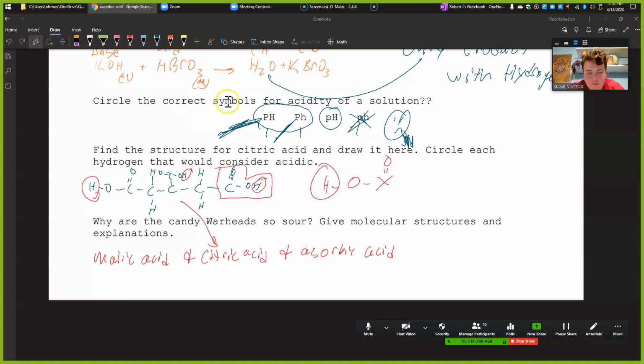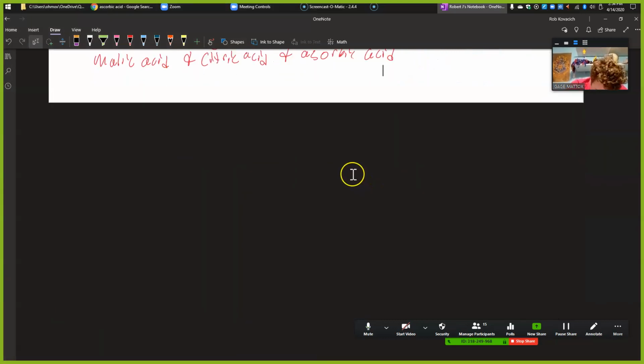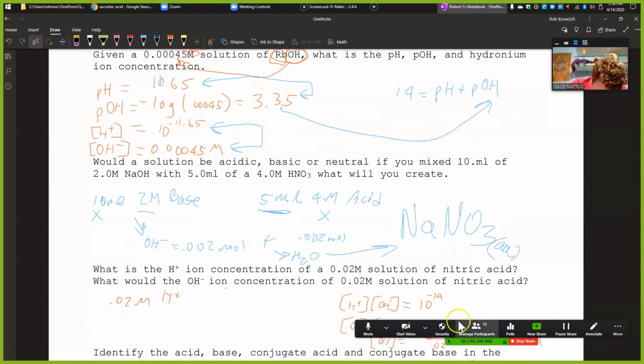Yeah, it's just 1. So that leaves us with 6 H's coming off. So of course that thing's going to taste phenomenally sour. Okay, was that it? It looks like it's it.